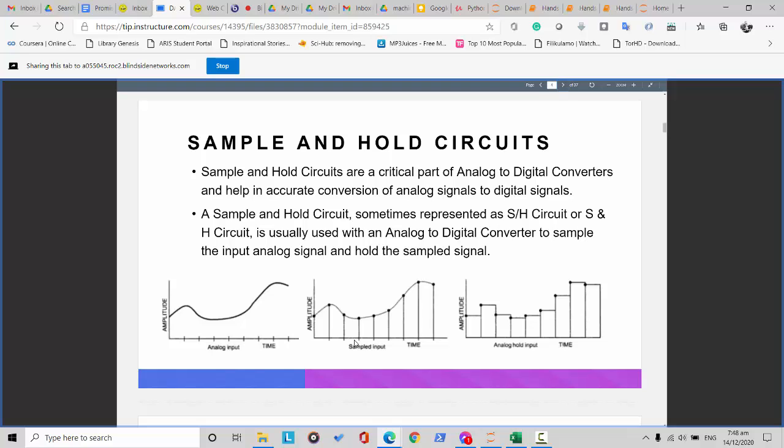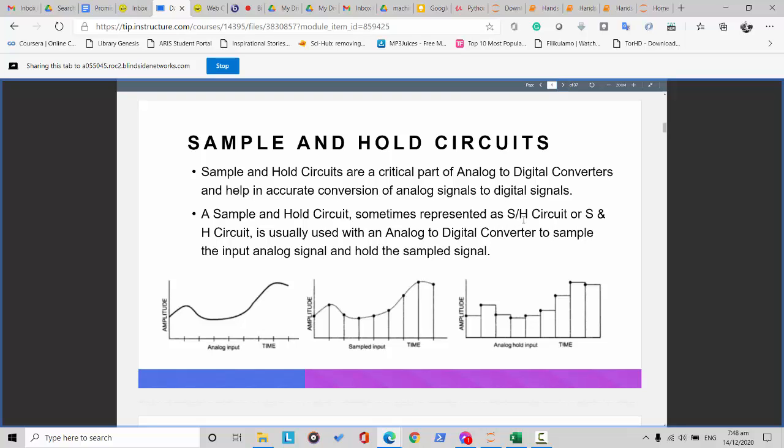I will explain later what sampling means. And from the last figure, you will see the analog signal was sampled and held. So this is the illustration of being sampled, where the analog signal is sampled, and then it is being held here.